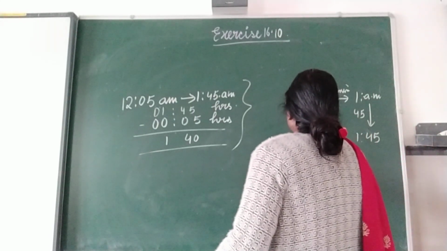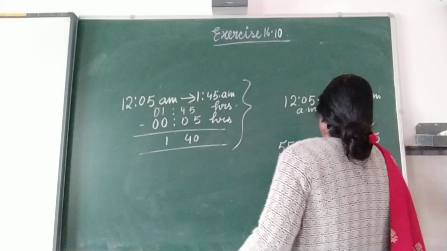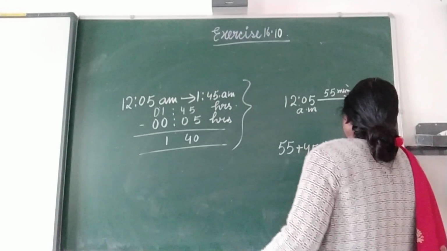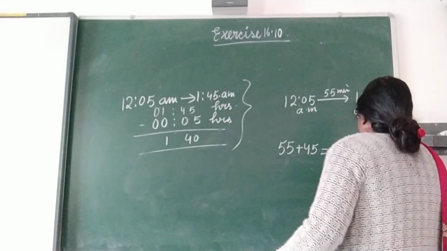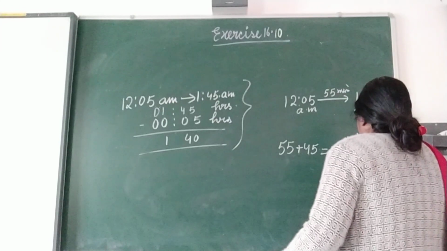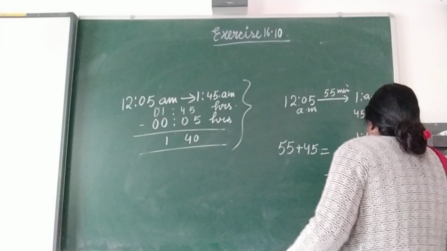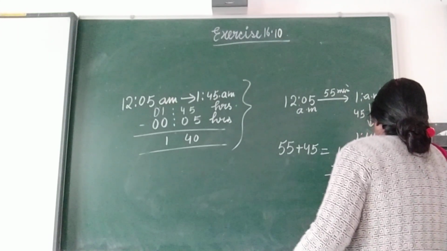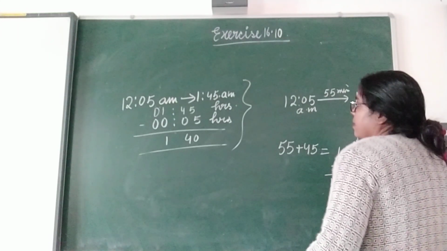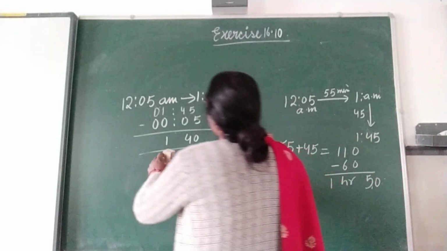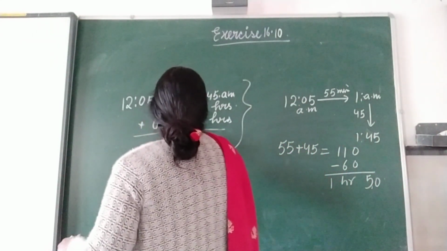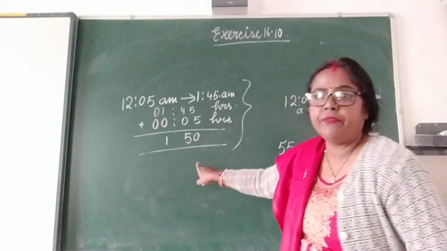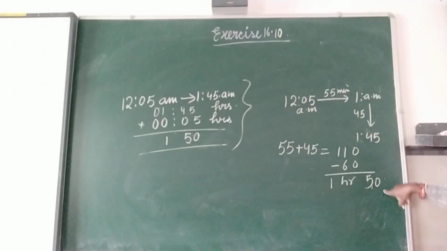So we will add 55 plus 45. 5 plus 5 is 10, 5 plus 4 is 9, and 1 makes 110 minutes. And 110 minus 60 is 1 hour 50 minutes. What is wrong here? We have to add this. No, we subtracted by mistake. The duration we have to take out, so we have to add this. So it is 1 hour 50 minutes, and here also it is 1 hour 50 minutes.